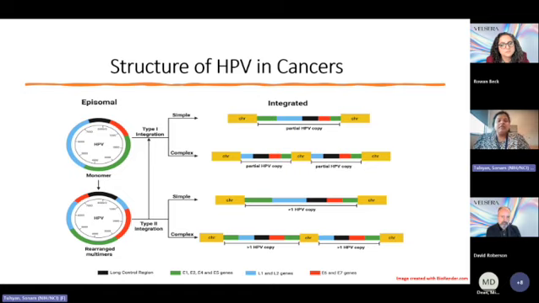These integrations can be simple or complex. Simple if it has integrated into the human chromosome with two breakpoints, but if it has integrated into several places with more than two breakpoints, it leads to complex integration.